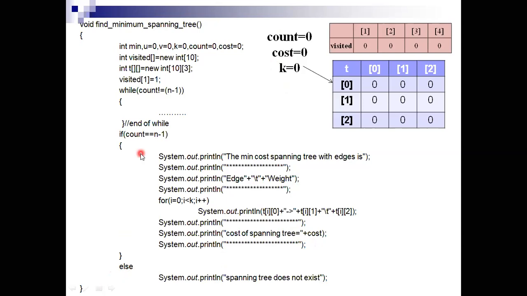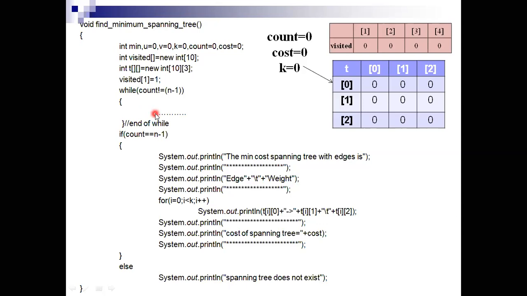Else, there are times when my while loop will not terminate normally. That means before count becomes equal to n minus 1, the while loop would have terminated.